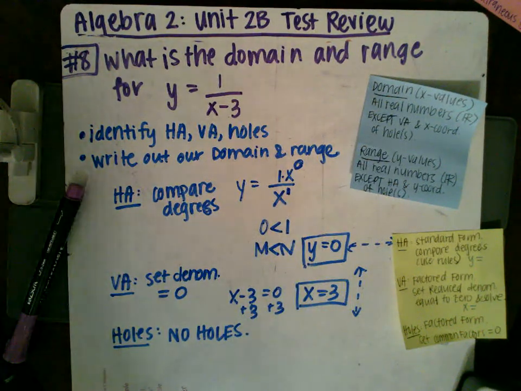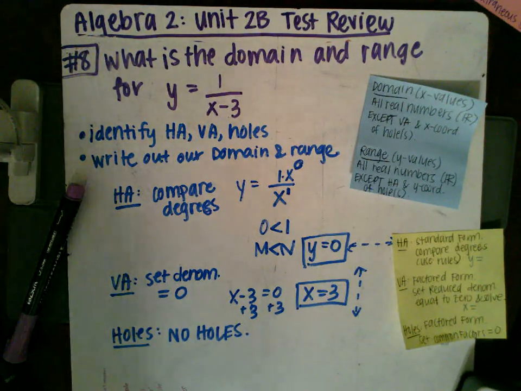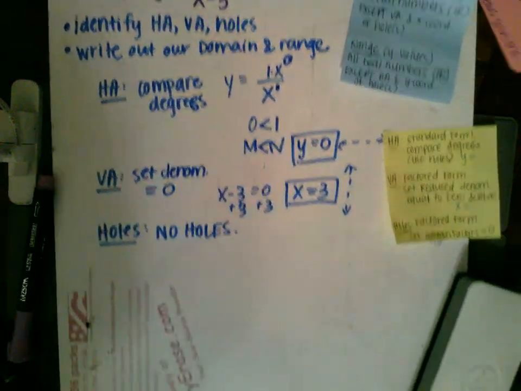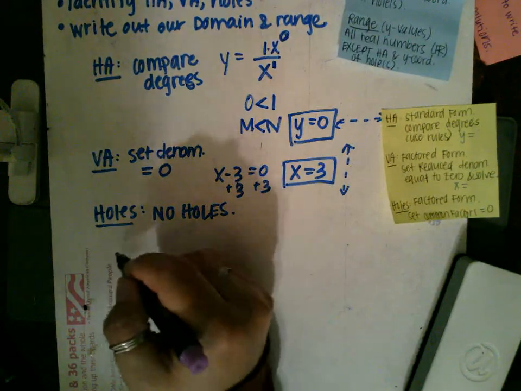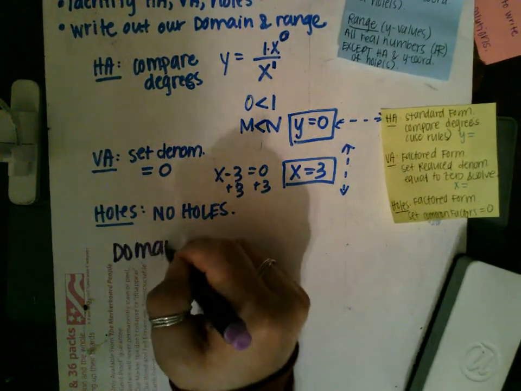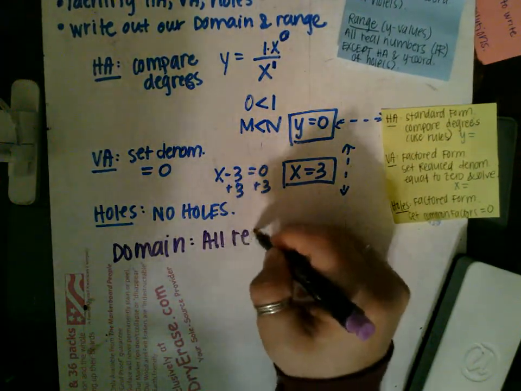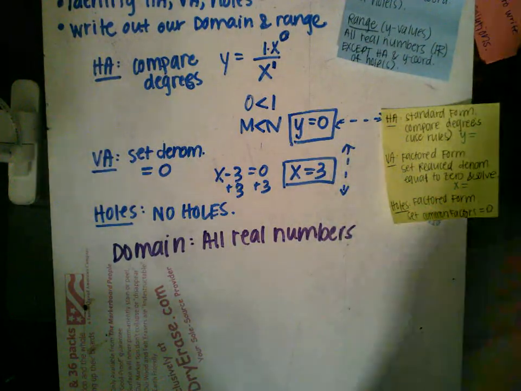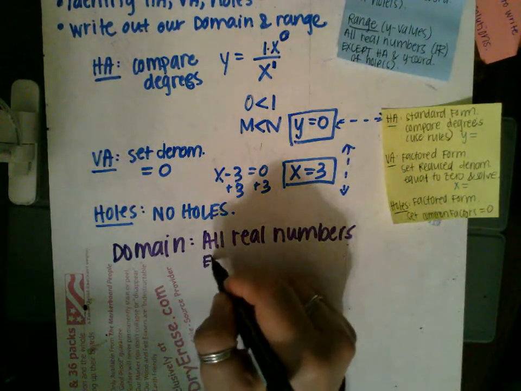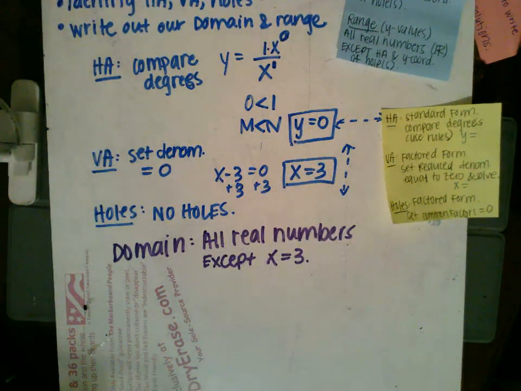Okay? So remember, our domain is all real numbers, everything except vertical asymptotes and x-coordinates of holes. So if I was to describe my domain and my range, my domain then would be all real numbers, and remember domain is x values, except x is equal to 3.